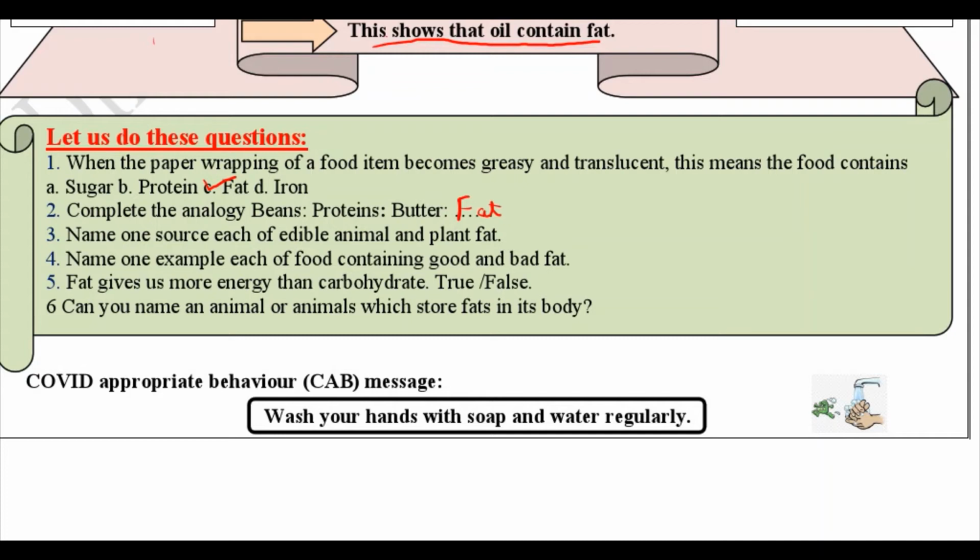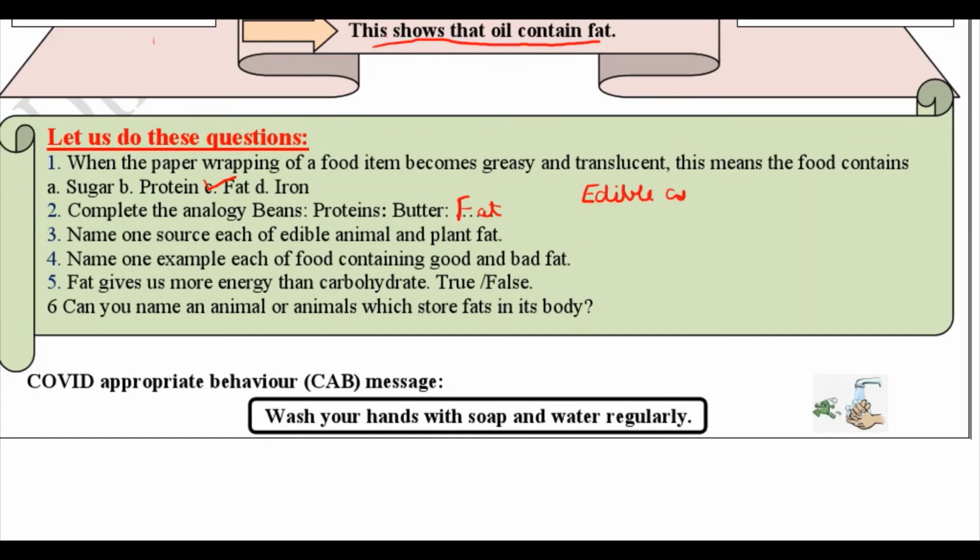Next you see, name one source each of edible animal and plant fat, okay. So I'm going to write here only edible. First let's write edible animal fat here. Fat, so you can take an example of your choice which is obtained from animals.